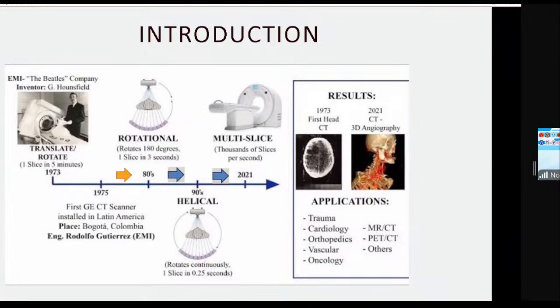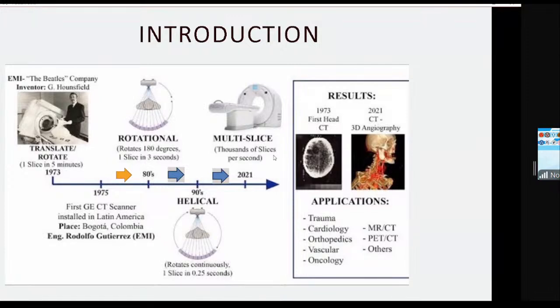Then the evolution of the CT happened. In the 1980s, CT scan was created by rotating faster, cutting scan time from minutes to seconds. Then in 1990, the technology brought helical scanning, where the machine spins continuously, making imaging even quicker. Fast forward to today, we have multi-slice CT.